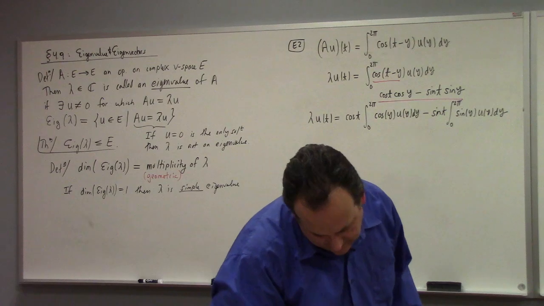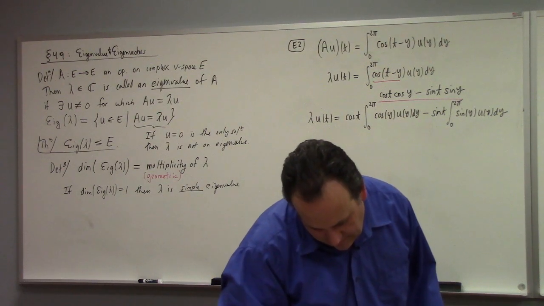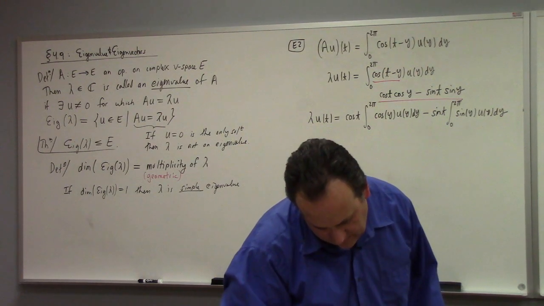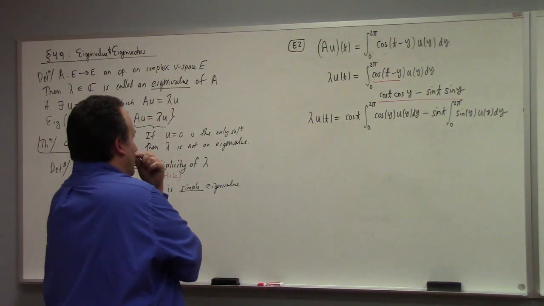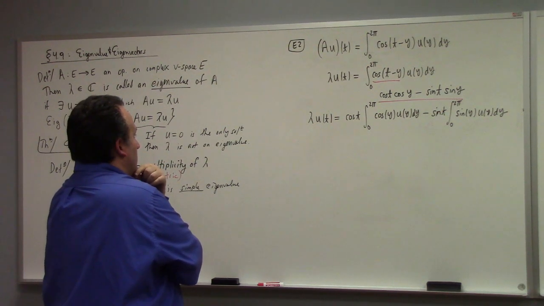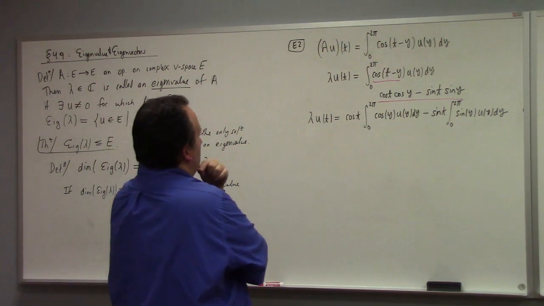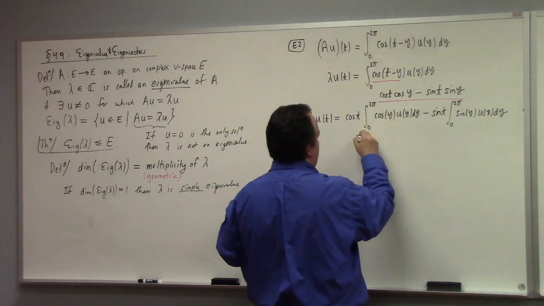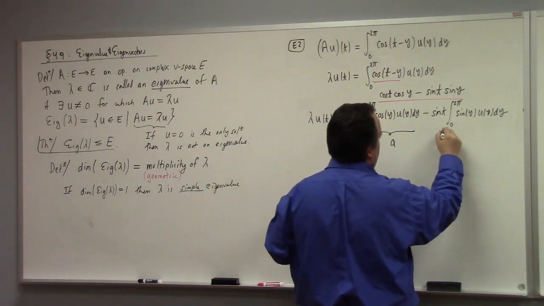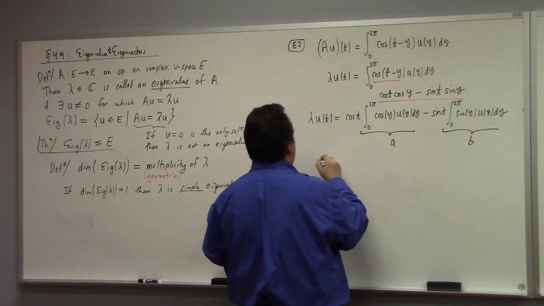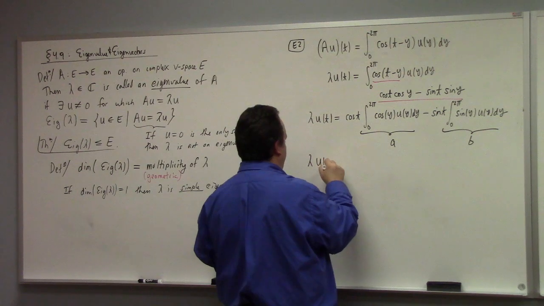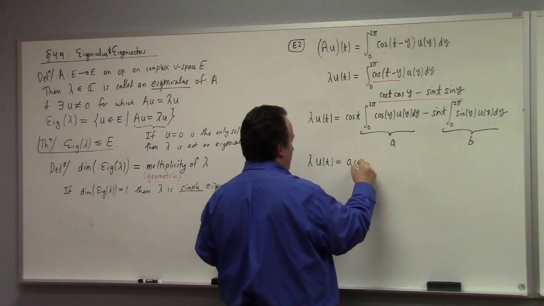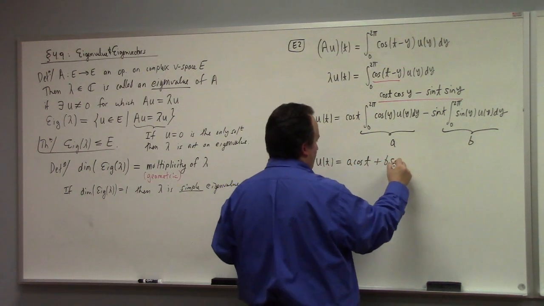Then he says this means that for lambda not equal to 0, it's a linear combination of cosine and sine functions, with the weights being the integrals themselves. Oh, okay. So this is A, this is B, and lambda u of t is A cos t plus B sine t.